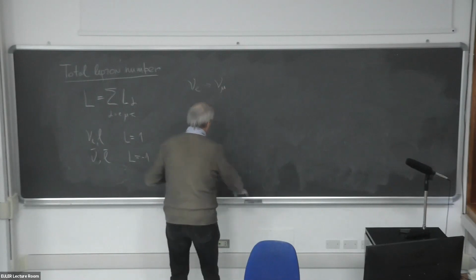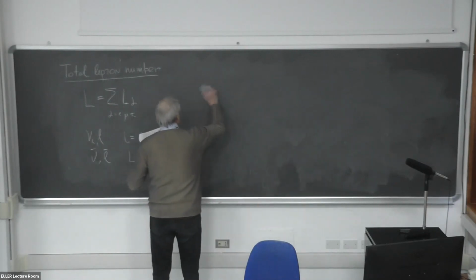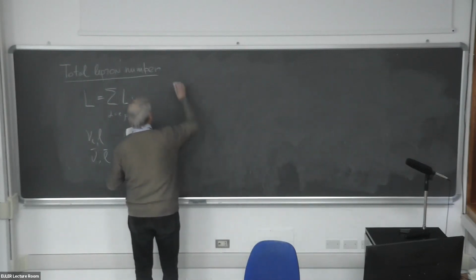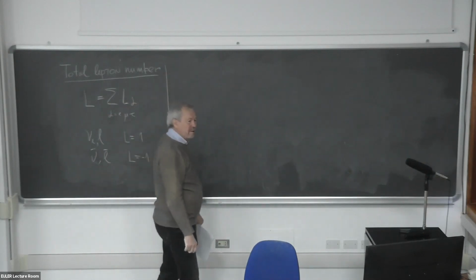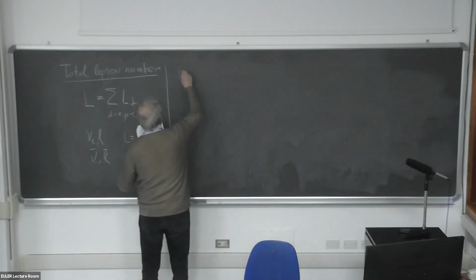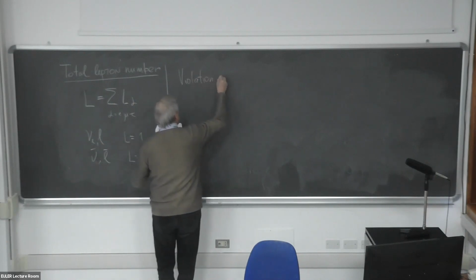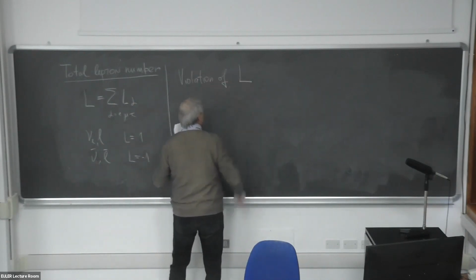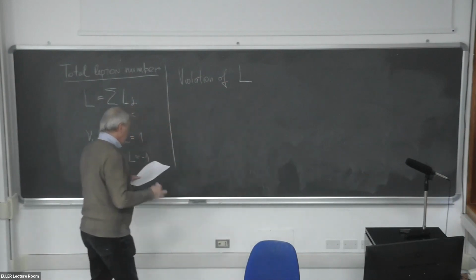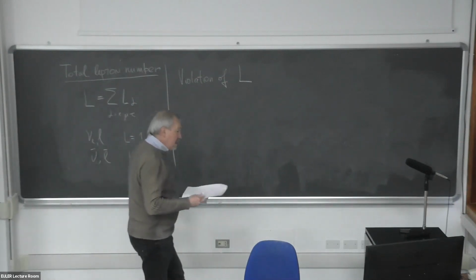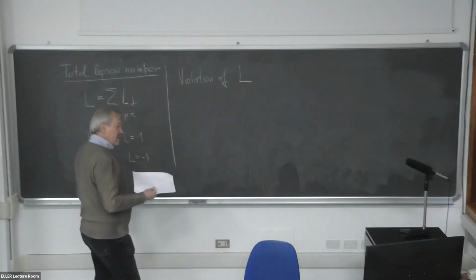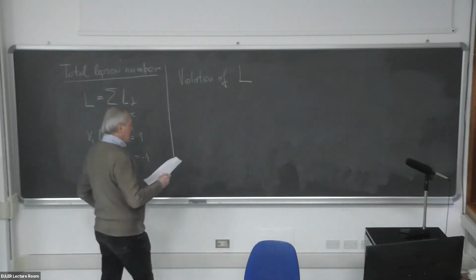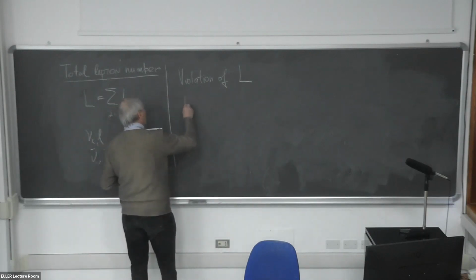Let me discuss violation of total lepton number. Actually, this is as important as searches for baryon number violation. Violation of total lepton number is related with the possible Majorana nature of the neutrino.